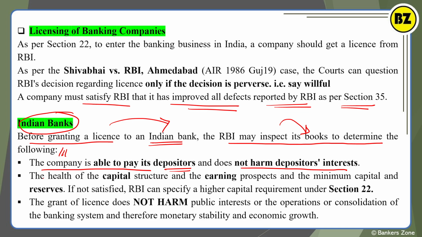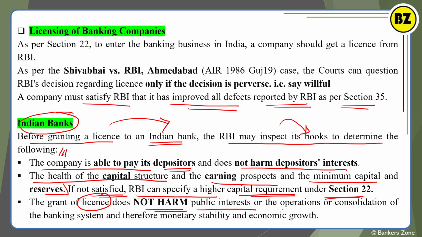RBI will check the health of the capital structure, earning prospects, and the minimum capital and reserve of the company. If it is not satisfied, RBI can specify a higher requirement under section 22. The grant of the license should not harm the public interest or the consolidation of the banking system, and therefore monetary stability and economic growth.